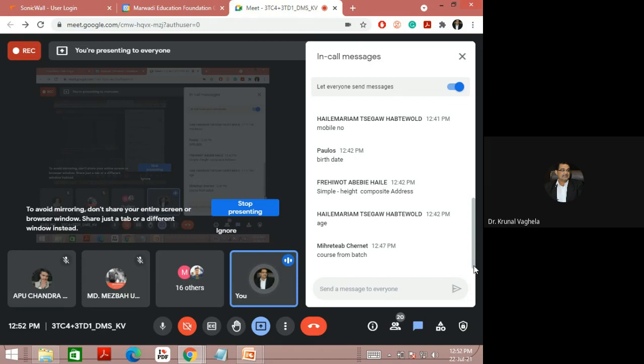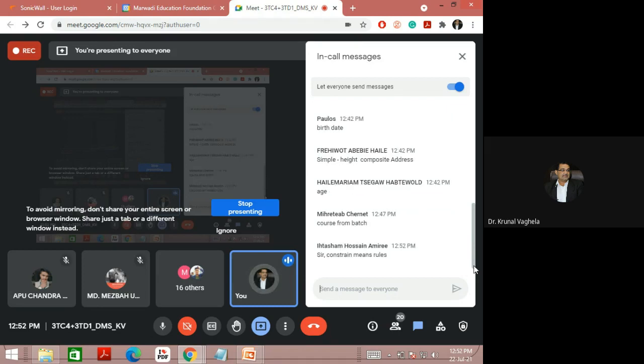Yes, what is a constraint? Exactly. Constraints means rules. Every database should have some rules that it needs to follow. We have given so many examples, right? A balance cannot be less than 0.